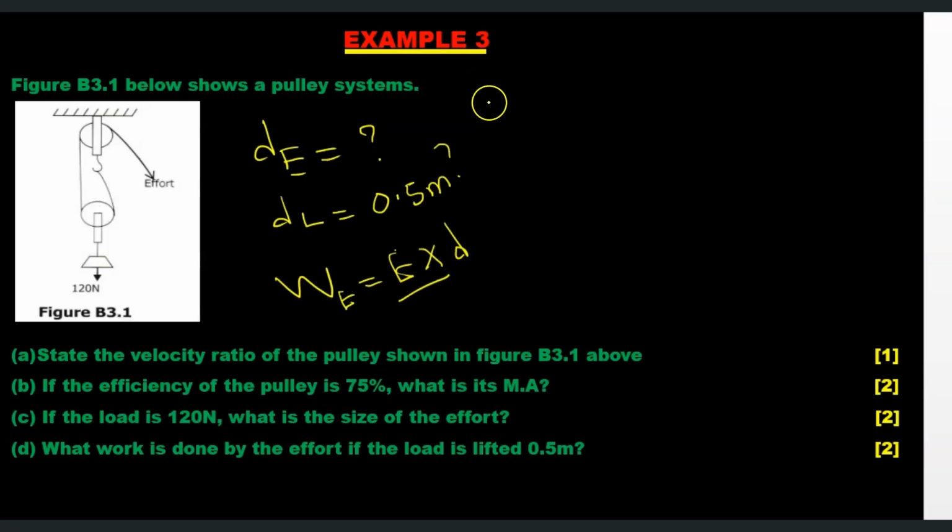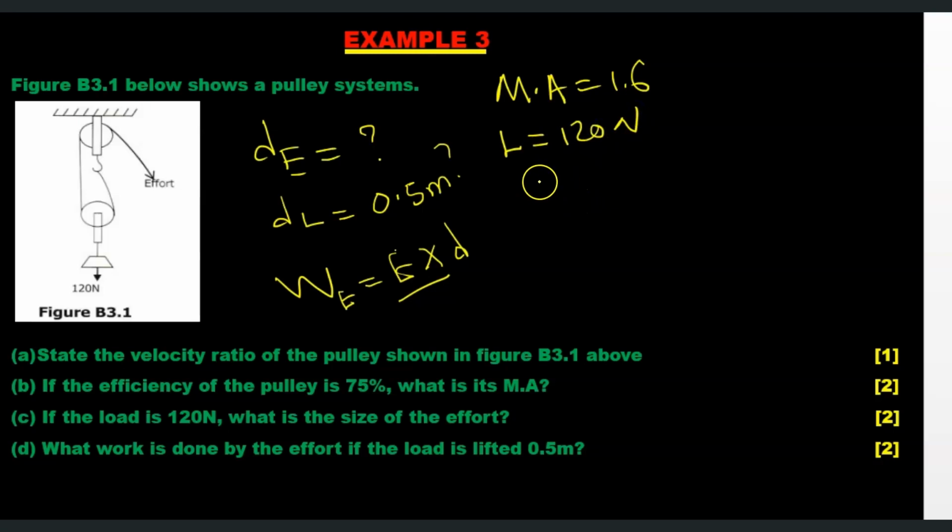In the information that we need, we need effort and of course the distance moved by effort. The question is, do we have effort? We have load here, and we've just calculated the mechanical advantage, which was 1.6, and the load that is given is 120 Newton.